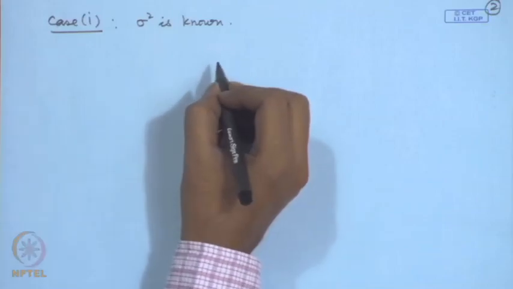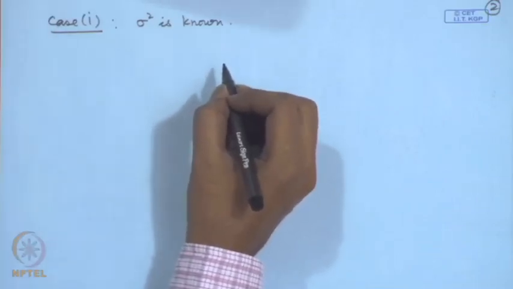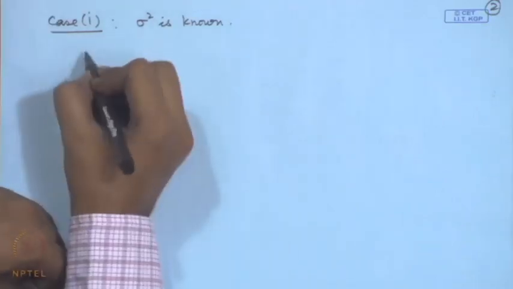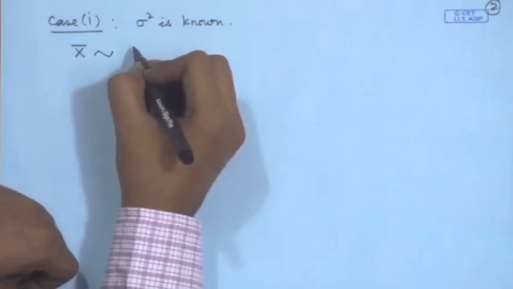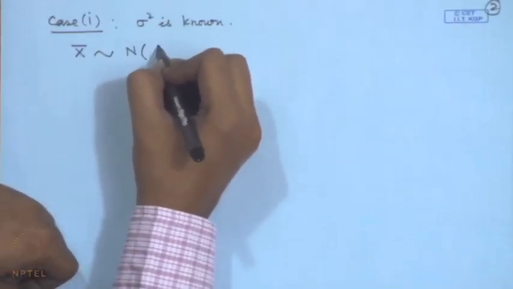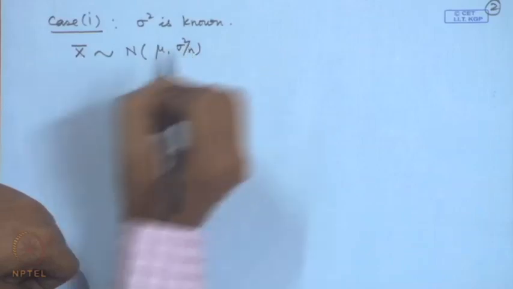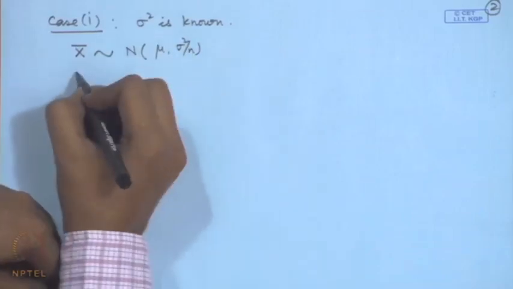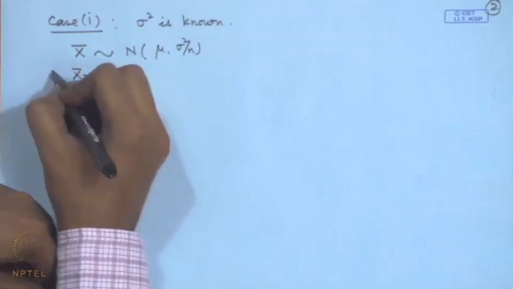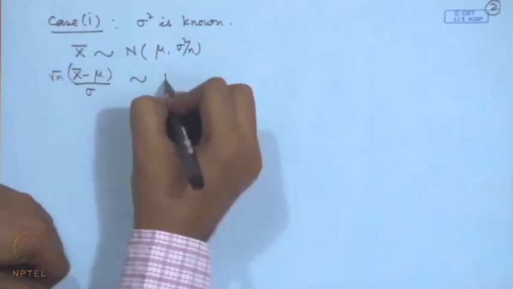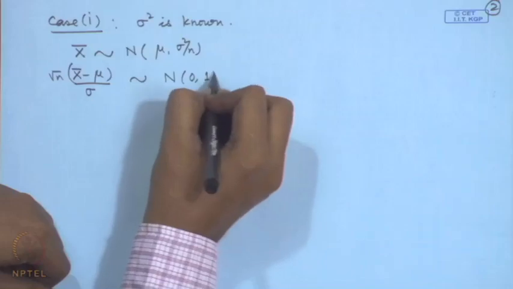In the case when the variance sigma square is known, we may consider the sufficient statistic x bar, and the sufficient statistic x bar follows normal mu, sigma square by n. Therefore, x bar minus mu by sigma by root n follows normal 0, 1.